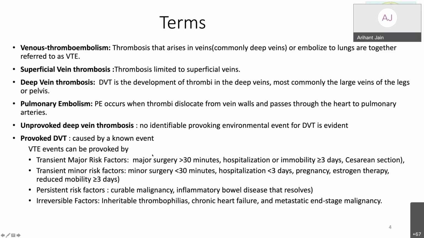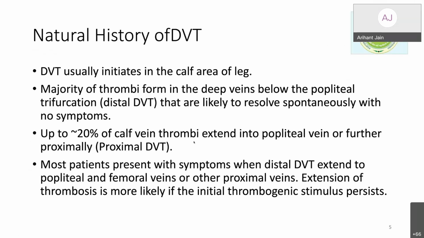If it is a provoked event, then what category of provoking factor is there, whether it is a transient factor, persistent factor, or an irreversible factor. So after that, in the next few slides, what I would like to tell you is the natural history of deep vein thrombosis, because unless we know that, we will not be able to.